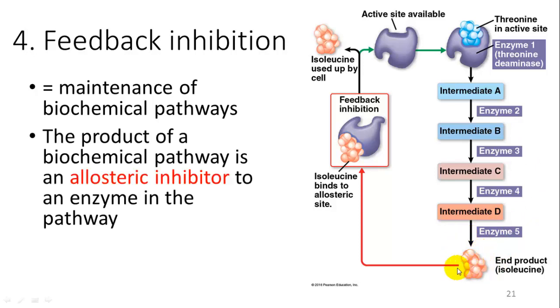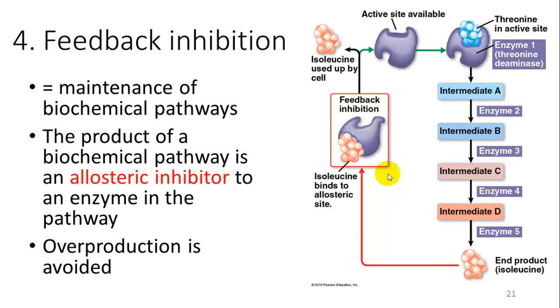It can also bind back to the enzyme, causing inhibition through an allosteric inhibitor. And so now, if you have too much of isoleucine, such as in this example, it will bind to the enzyme and prevent more production of isoleucine. And in that way, you can regulate how much isoleucine is being produced, and overproduction is avoided.